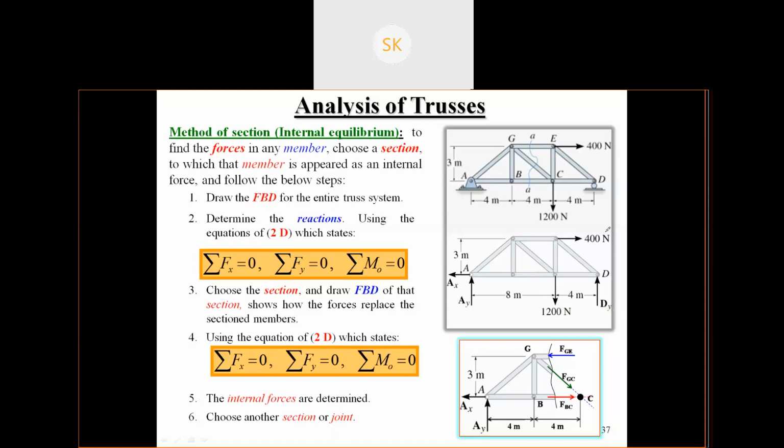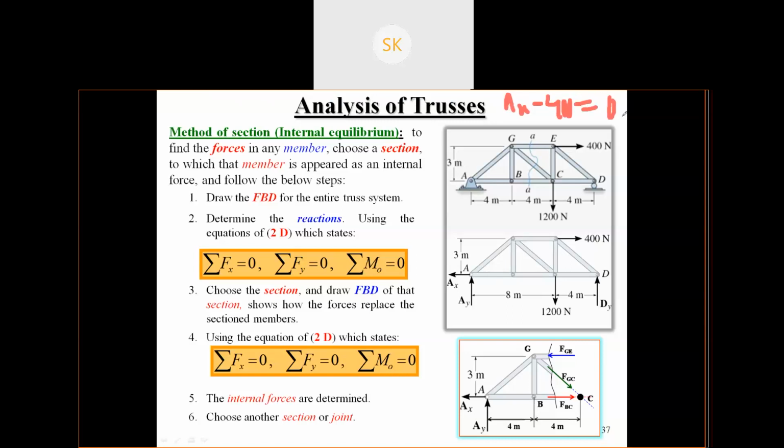AX will directly be equal to this 400, or not? Summation of horizontal forces: this is your AX. I'm taking this direction as positive, so this direction will be negative. AX minus 400 equals 0.